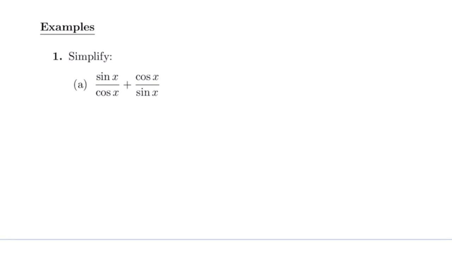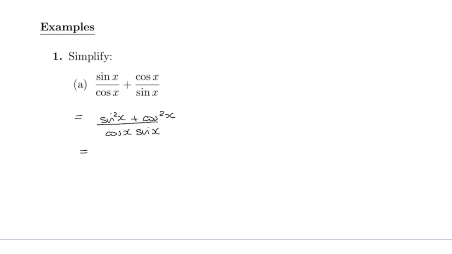So the first one is we want to simplify sin x over cos x plus cos x over sin x. So in this one, you can see we've got a fraction, so our common denominator will be cos x sin x, and in the numerator we're going to have sin squared x plus cos squared x.